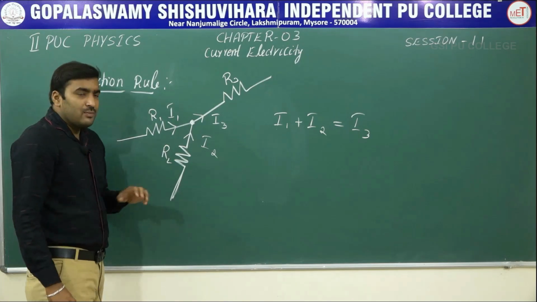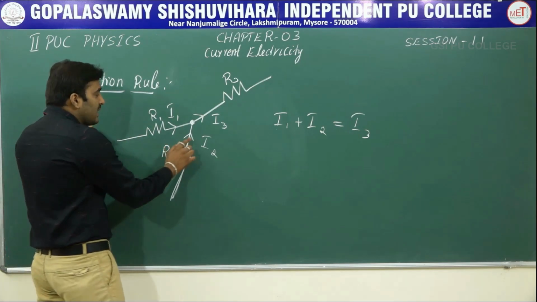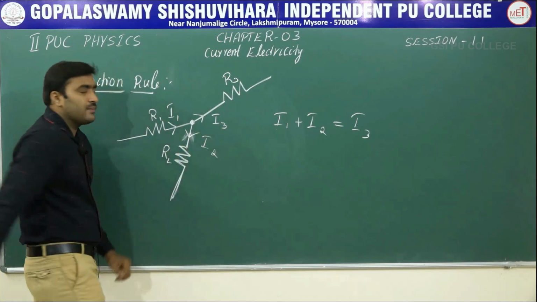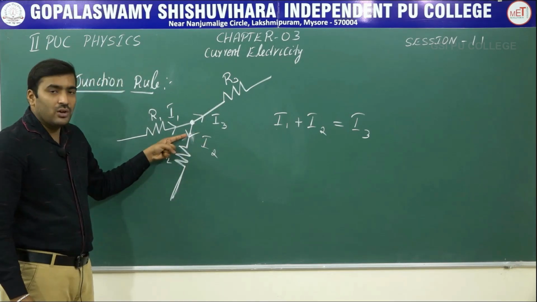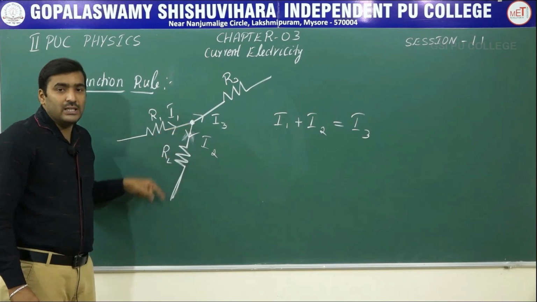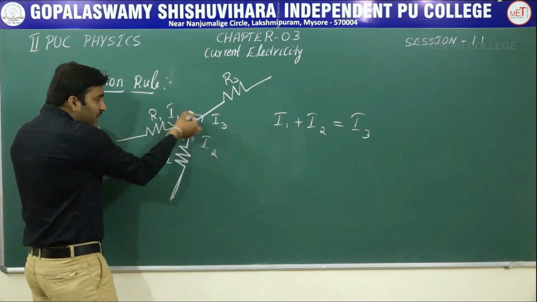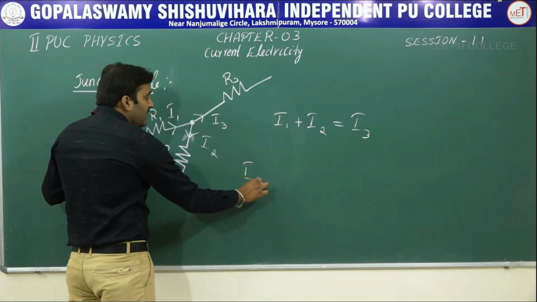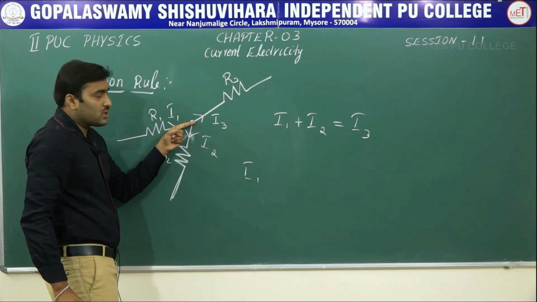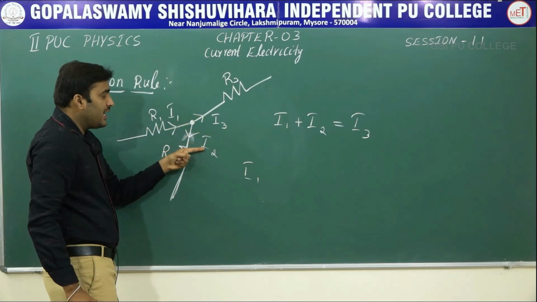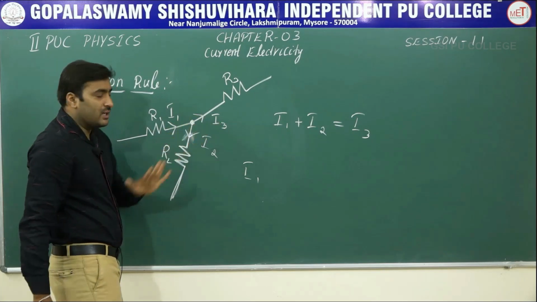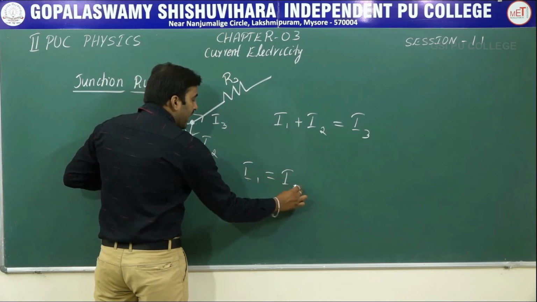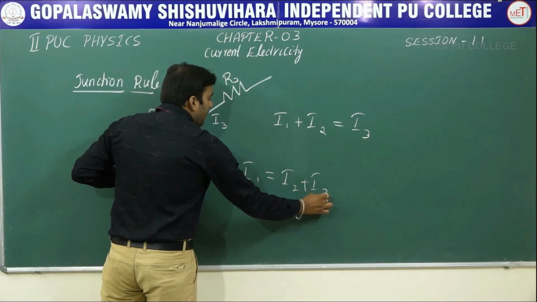Now if I change the direction of I2 like this, I2 is now leaving the junction. For this diagram, I1 is the current entering the junction, and I2 and I3 are leaving it. So I1 is equal to I2 plus I3.